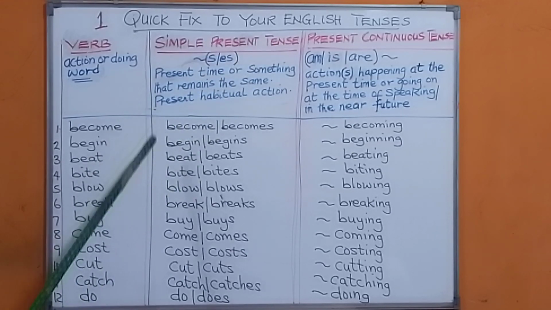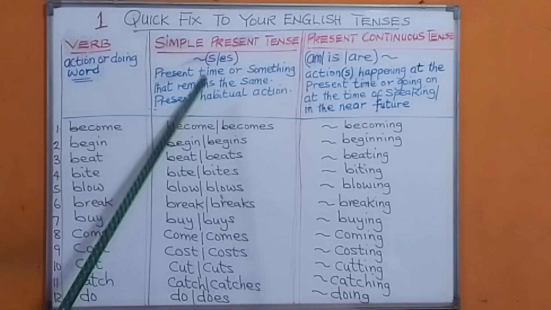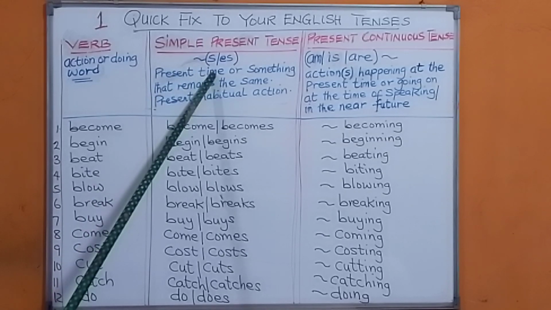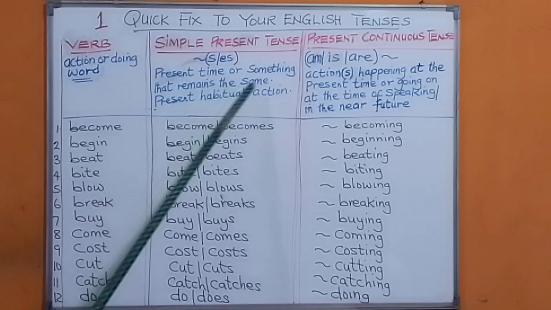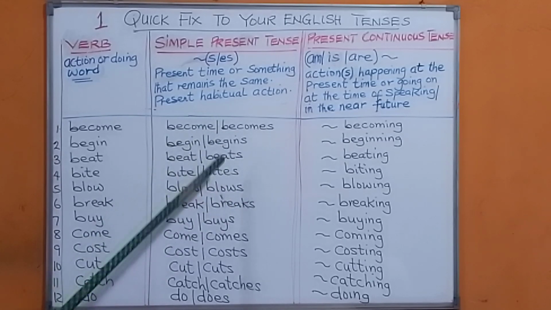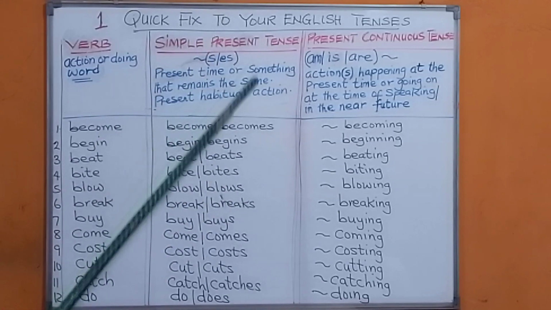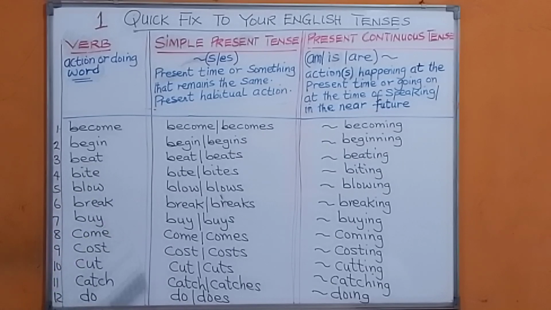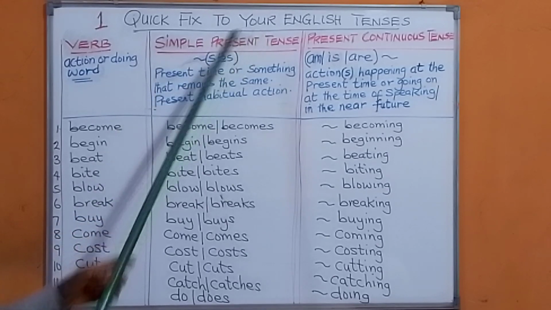A simple present tense is a tense that talks about the present time or something that remains the same. That is present habitual action. If an action is your present habit, you put that in simple present tense.